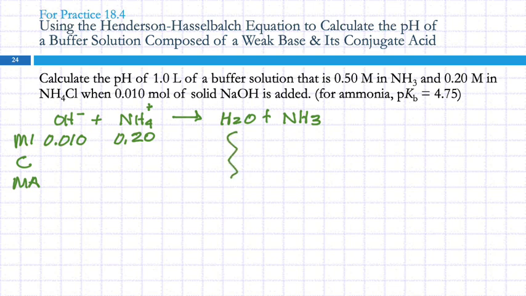And we don't care about that water. And it's 0.5 molar in ammonia, so 1 liter times 0.5 is 0.5 moles of that. We're going to take the smallest one here and subtract it on the left and add it on the right.